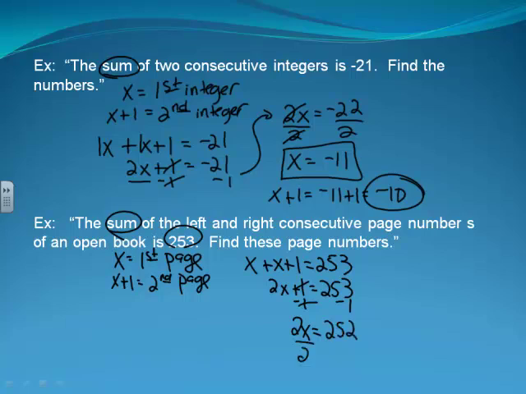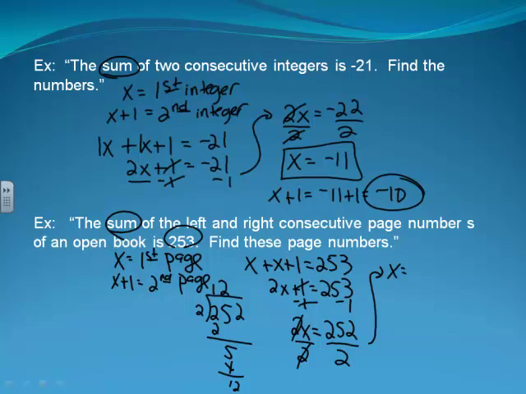We're going to divide both of those by 2, and that gives us a solution of x equals 252 divided by 2. And if we do that off to the side, 252 divided by 2, 2 goes into 2 once. Bring down the 5. 2 goes into 5 twice. 2 times 2 is 4.